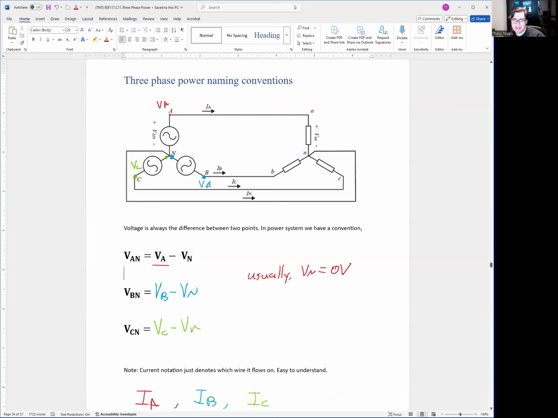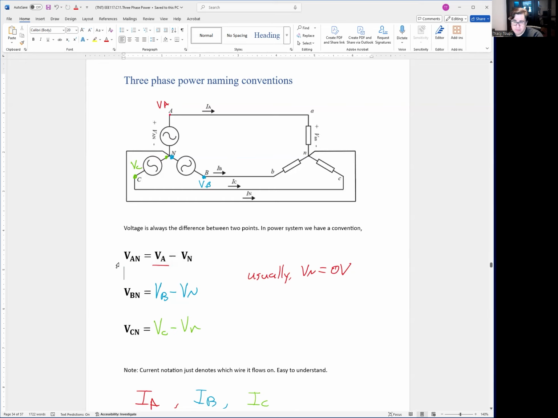Mathematically, VAN is the A phase voltage minus the neutral voltage. So it's always a difference. Remember, voltage is always some point minus another point. Usually the neutral voltage is 0, so we could drop the N, but to be technically accurate, we should write VAN, VBN, and VCN, which mean VA minus VN, VB minus VN, and VC minus VN.